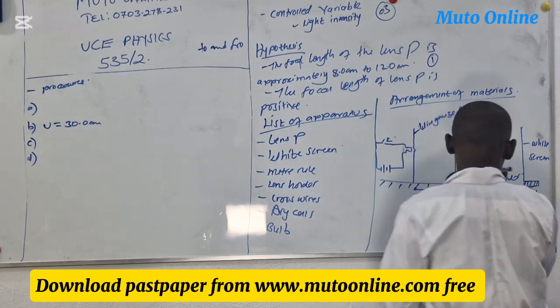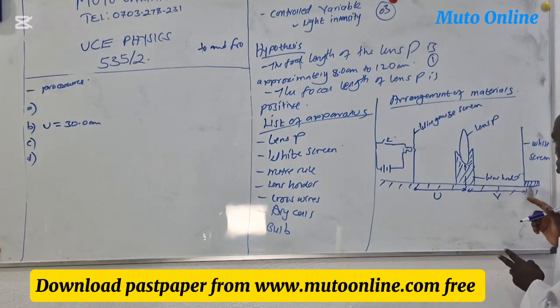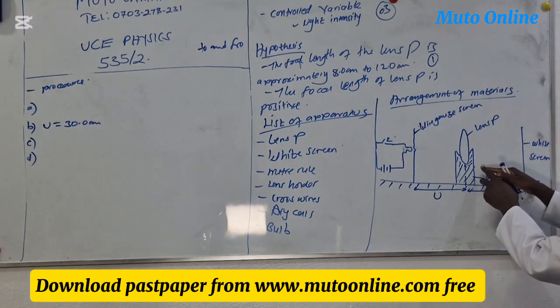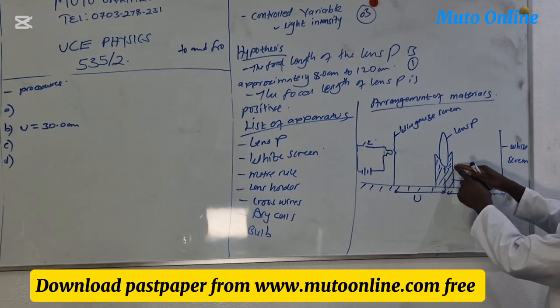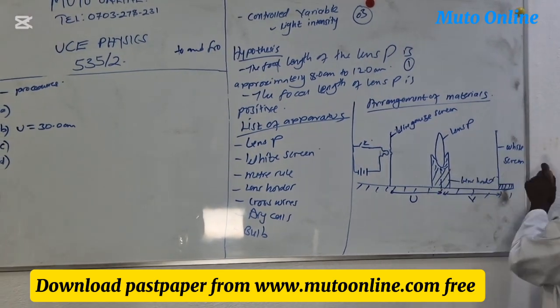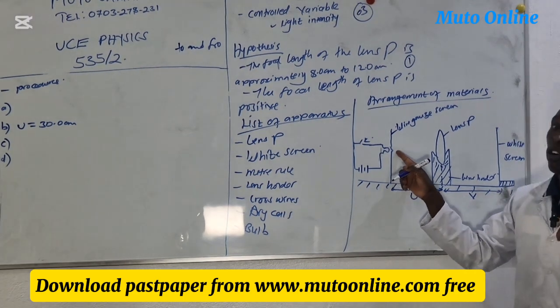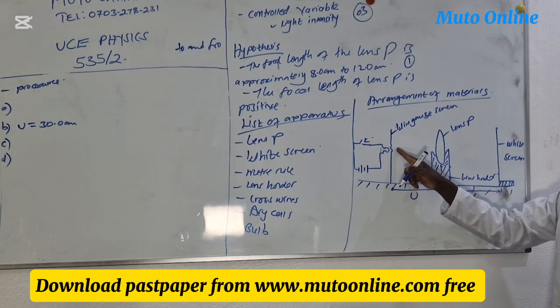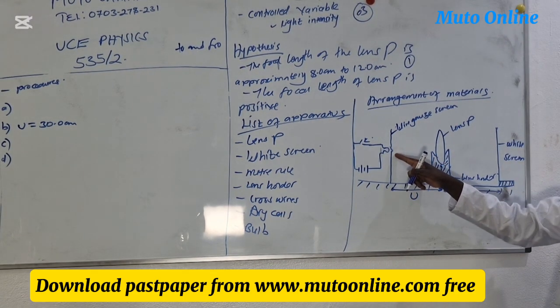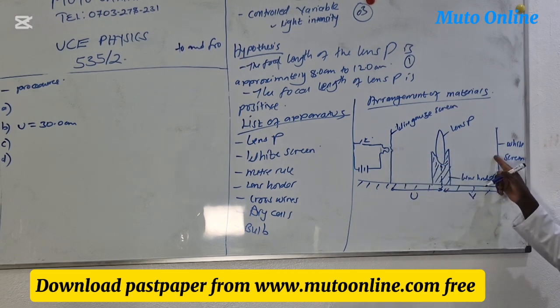In this, we are looking at where the image is going to be formed. So we are going to move this screen here to and fro until we get a sharp image of the cross wires, which is now the object, forming on the screen.